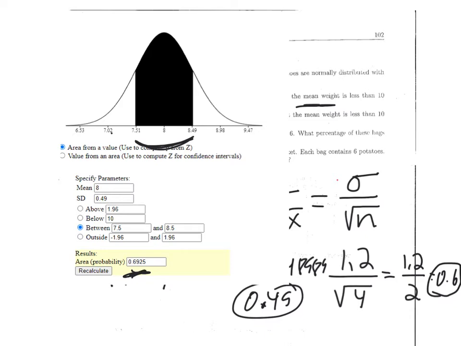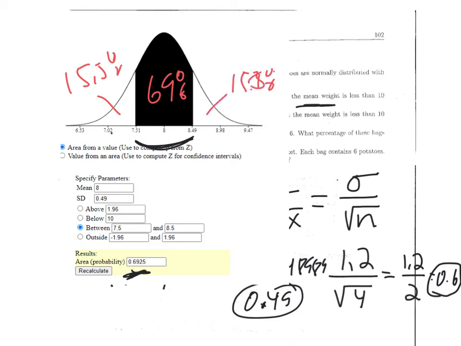So that's that probability. So what's the chance of getting something outside of that? Well, if this is about 69%, we'll do some rounding here. So that's 31% outside of that. So isn't that 15.5% below and 15.5% above?